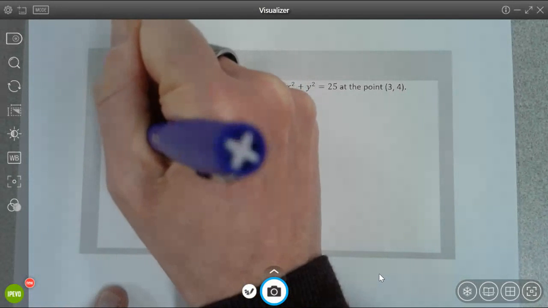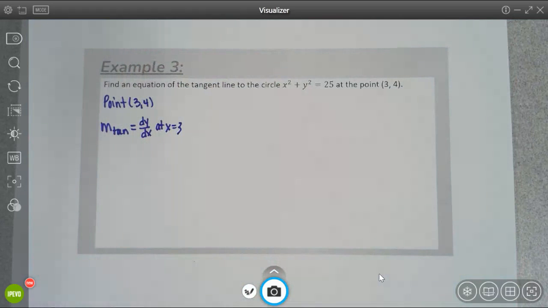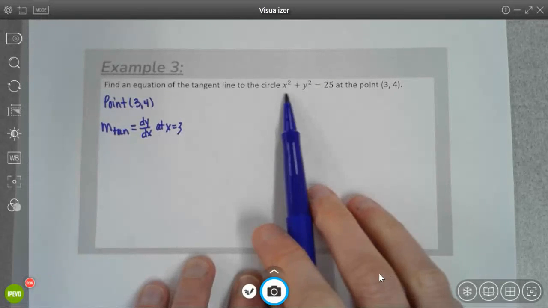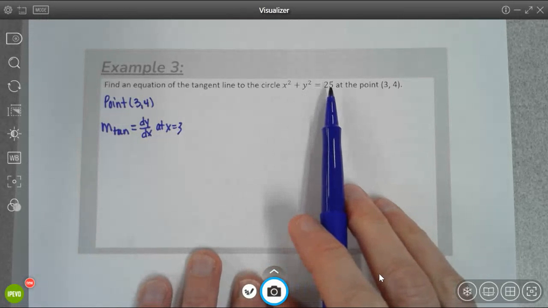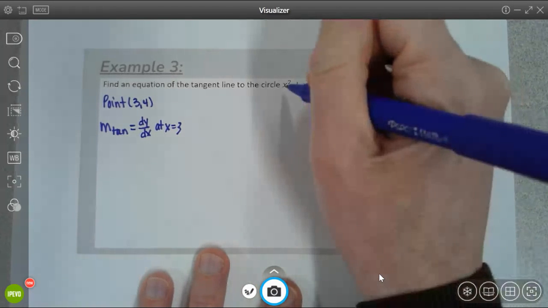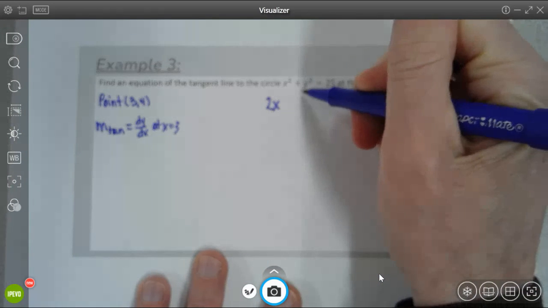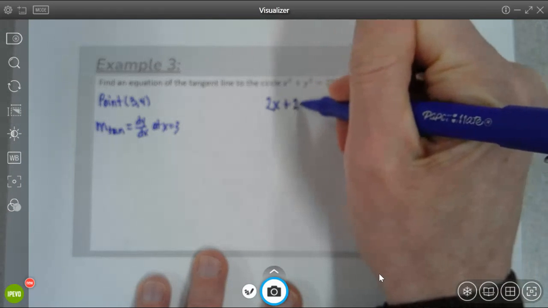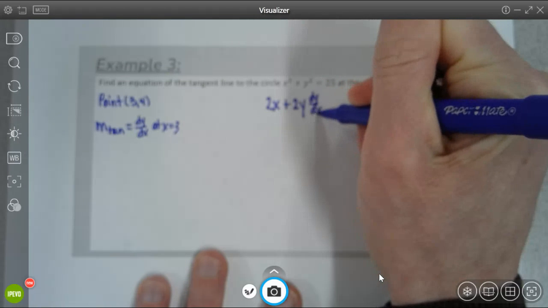So basically, we want to figure out what is our derivative with respect to x when x is 3. So what we're going to do is go to this implicit function and use our implicit differentiation technique to find its derivative. So I'm going to take the derivative of x squared and get 2x. Take the derivative of y squared and get 2y dy dx. Again, I have to apply the chain rule on my y's.